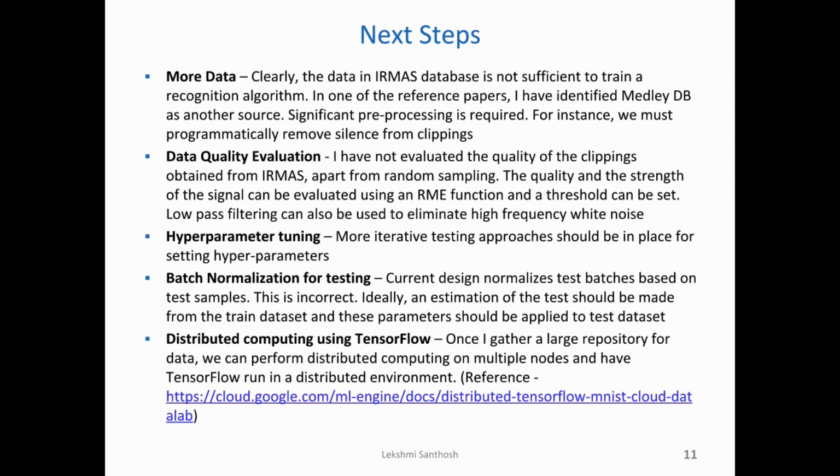Ideally, since test data is purely unseen, and to prevent any leakage of test information during the training phase, you have to estimate the mean and the variance from the mini batches during the test phase itself. So that's something which I want to try as a next step.